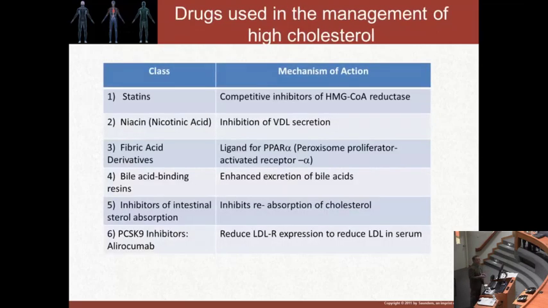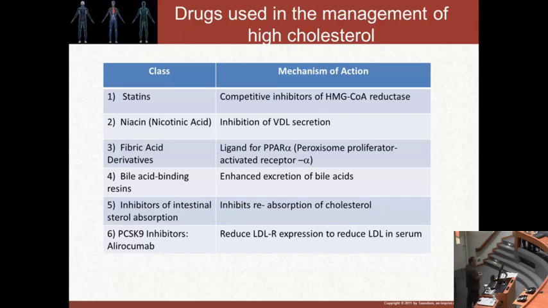Well, pharmacotherapy. So these are the 6 drug classes that we use for managing patients that have too much cholesterol in their blood. Okay? And you've all heard of the first class, statins. It's like the wonder drug of the 21st century. How do they work? They competitively inhibit HMG-CoA reductase. I'll show you that mechanism in a minute.